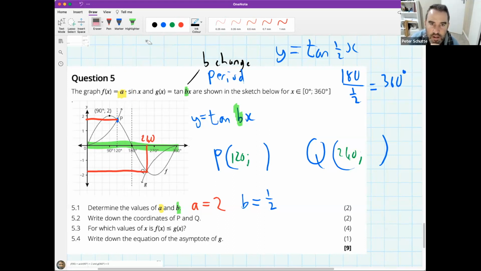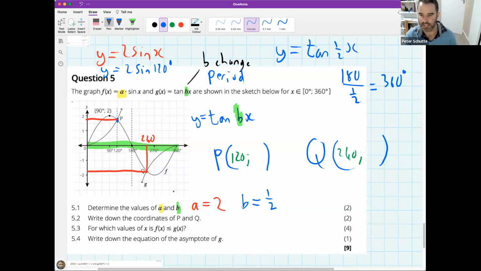We know that this function is just y equals 2 sine x. So I'm going to take my 120, and I want you to tell me, what is the value of 2 sine 120? So put that in your calculators, and what do you get for 2 sine 120? Okay, so you should get root 3, yes.